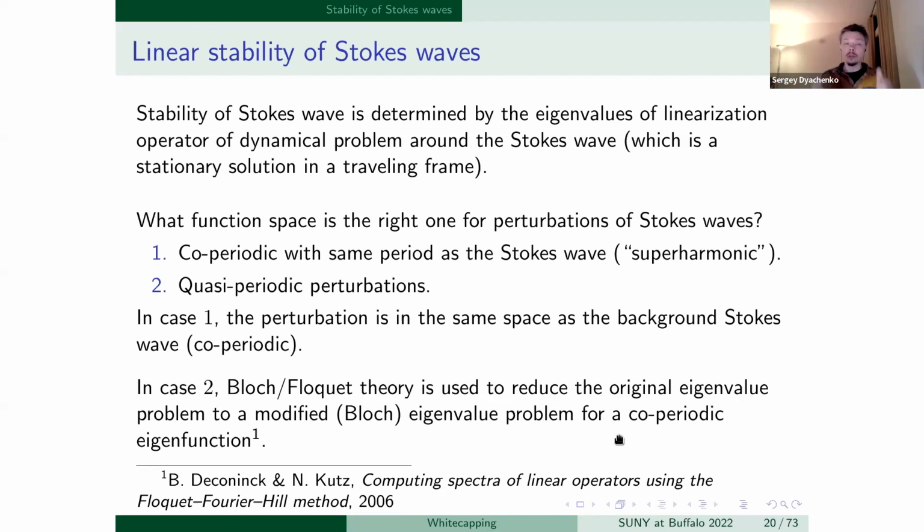This modified problem for a co-periodic eigenfunction will translate to a quasi-periodic eigenfunction of the original problem. So essentially we can always reduce to considering an eigenvalue problem for some co-periodic function.